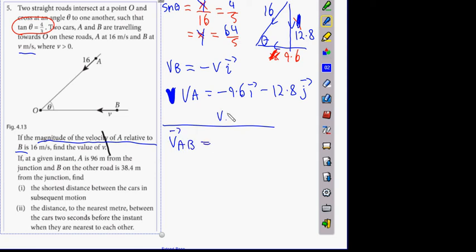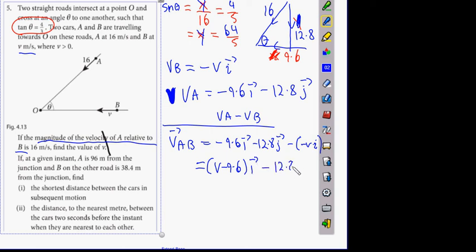Once again, it's going to be phi a minus phi b, which in this case is minus 9.6 I minus 12.8 j, and then minus phi I. Now 9.6 and v are both the I values, so it's going to be v minus 9.6 I, and that's going to be minus 12.8 j.